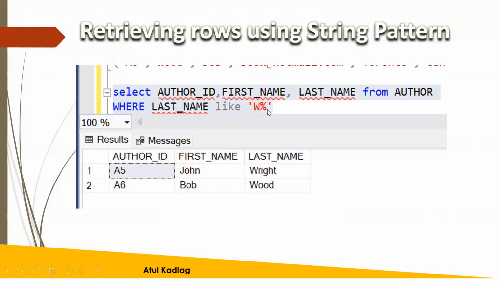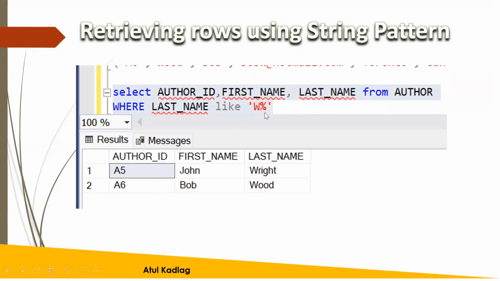That means where last name is like W percent, whatever records start with W and have any characters after W, it will retrieve. Now you can see in the result section these are the two records which are showing.